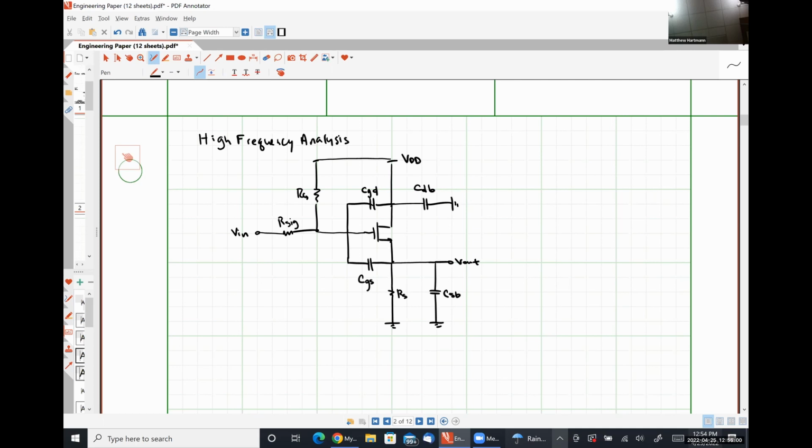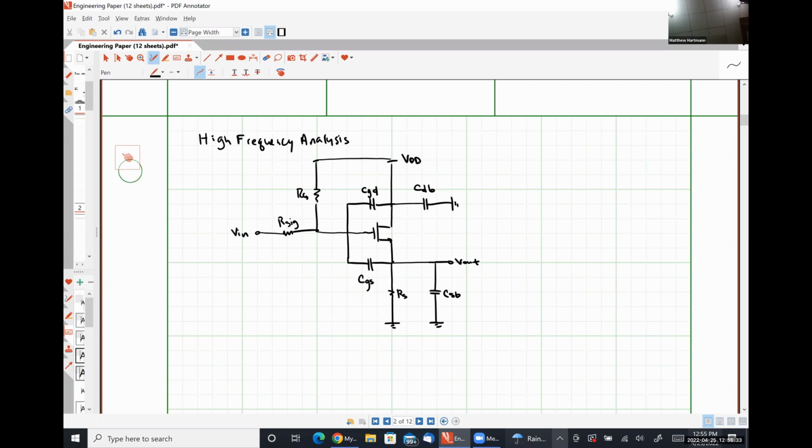So when I redraw it in a moment, that's exactly what we are going to do. Obviously, CSB and RS are in parallel, so I can treat them as a combined impedance ZS. And we have a capacitor, CGS, that's providing some sort of feedback and is linking our gate node and our source node, which means our direct analysis is going to be a bit annoying.